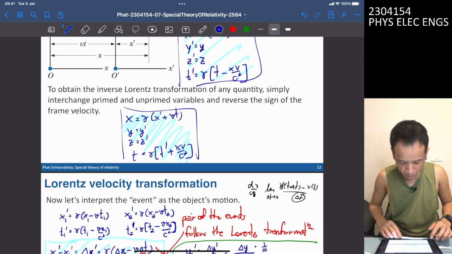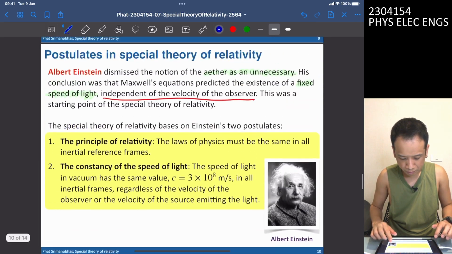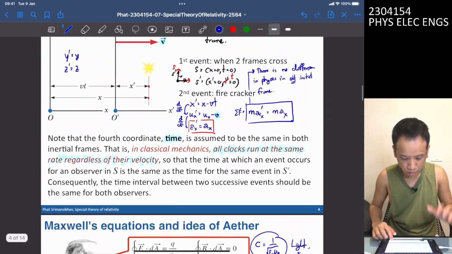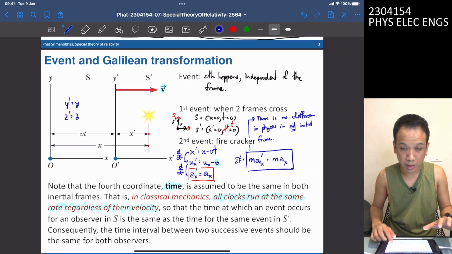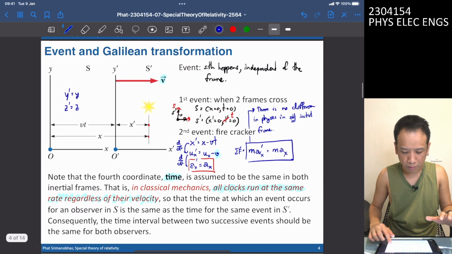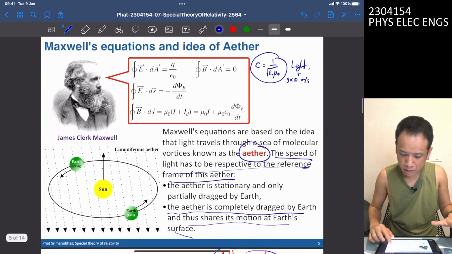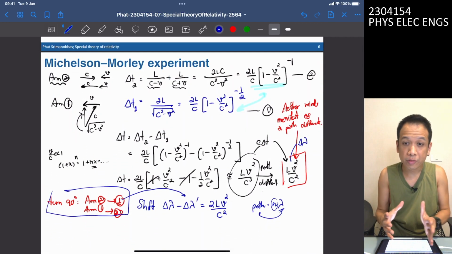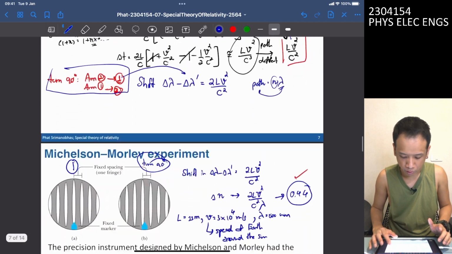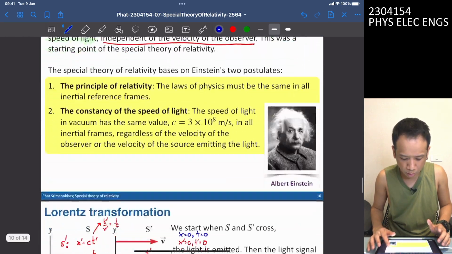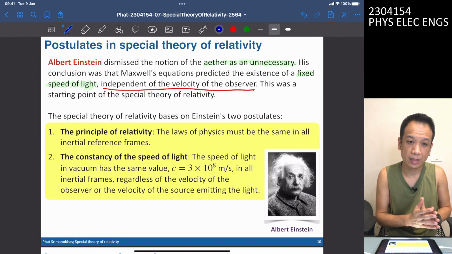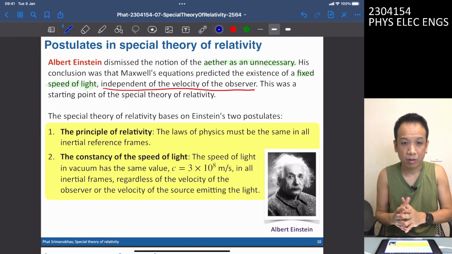So today, let's go back again. Today we learned what we call relativity, the concept. We talked about the Galilean transformations, and about the experiment to confirm the light speed. The most important things today are, first, Einstein's postulate that the laws of physics must be the same in all inertial reference frames.